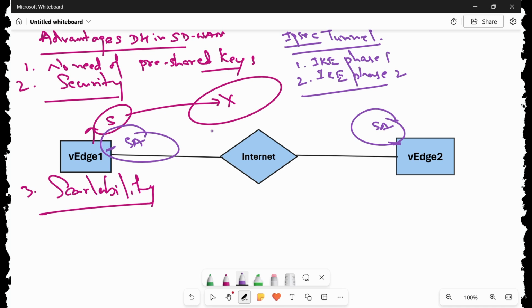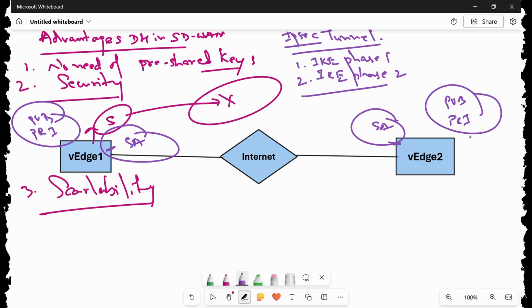In this phase 2, the shared key from Diffie-Hellman is used to derive session keys for encrypting and authenticating IPsec traffic. Both vEdge routers will use the public and private key to derive the session keys, which will be a secret key S. And this secret key S will be used for encrypting and authenticating the IPsec traffic.